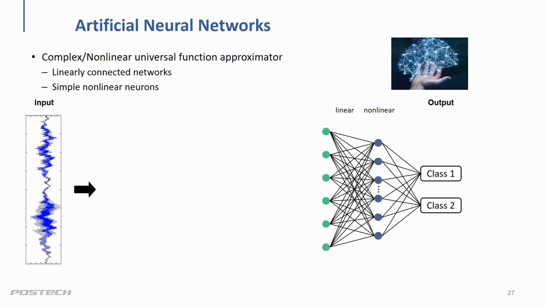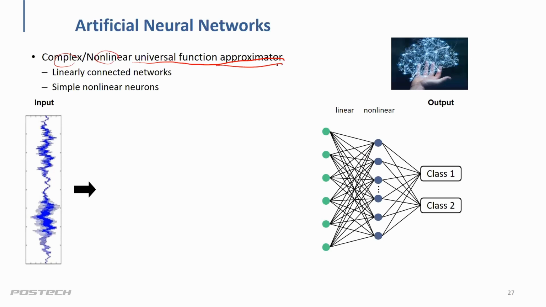So let's talk about the big picture of the artificial neural net. The general purpose is that we want to find a universal function approximator between the input and outputs. In many cases, the relation is going to be complex and nonlinear. And how do you figure it out?